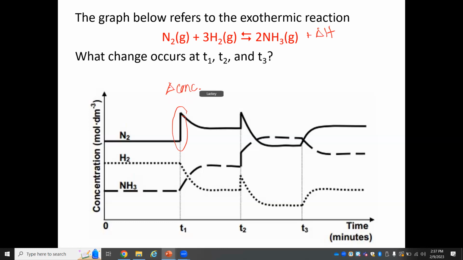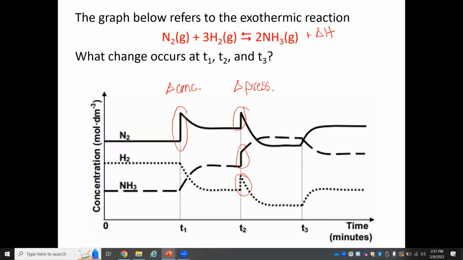So we increase nitrogen, which shifts equilibrium to the right. At time 2, notice that everything has a sudden jump. That means that this is a change in pressure. So our reactants are decreasing.